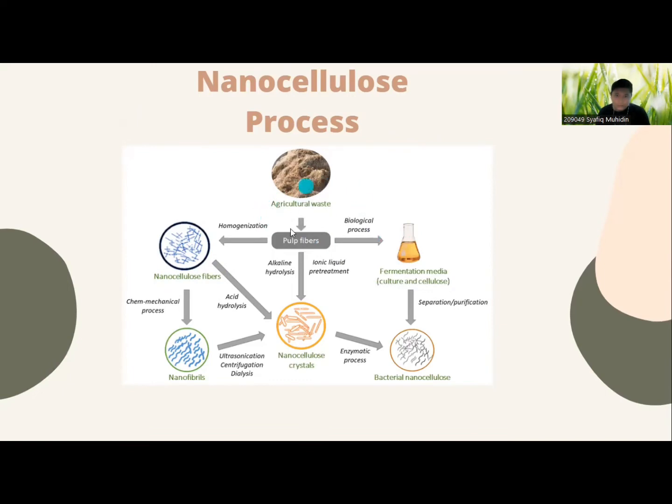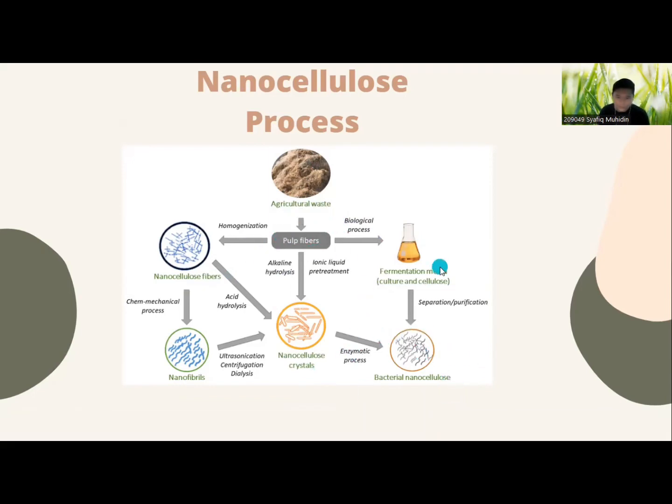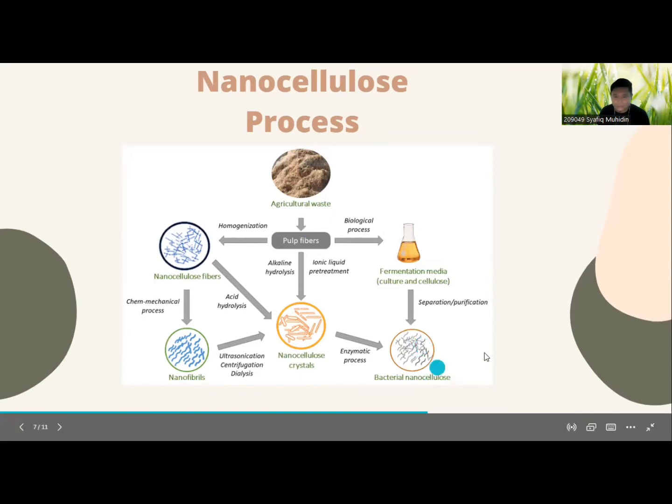We can get 3 different types: nanocellulose fiber, nanocellulose crystal, and bacterial nanocellulose. There are 3 ways to get them: homogenization to get the nanocellulose fiber, alkali hydrolysis and ionic liquid pretreatment to get the nanocellulose crystal, and a biological process to get the bacterial nanocellulose.